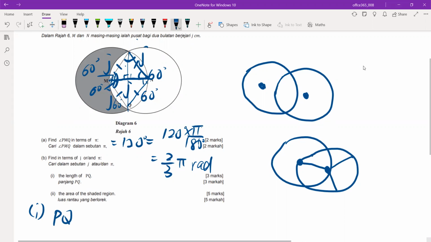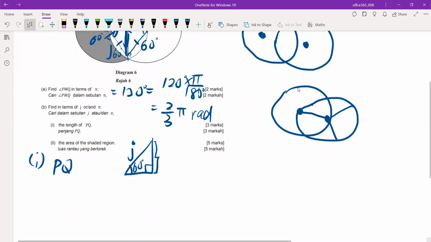Now to solve the length of PQ, where is PQ? Here to here, right? So I try to use the triangle, 60 degrees, to find the length of this. Can or not? You got this one J. Is this half J or what? You can use SOH CAH TOA, this one. You got the hypotenuse.